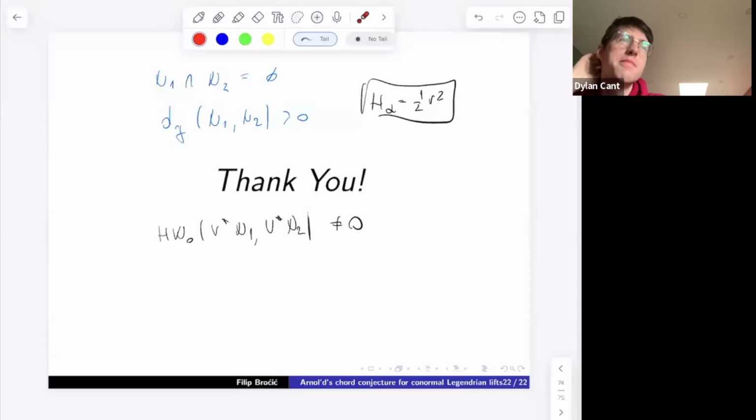Yeah, I guess you'd want to compare it to the contact volume. What else could you even compare it to? The length, because you can just expand your contact form, so it goes very slowly, the Reeb thing. I don't know if anyone thought about that.